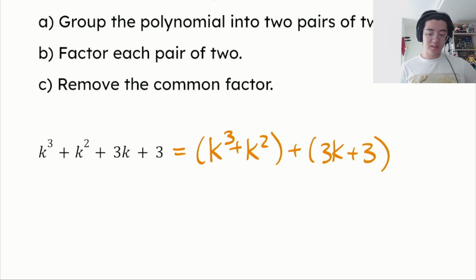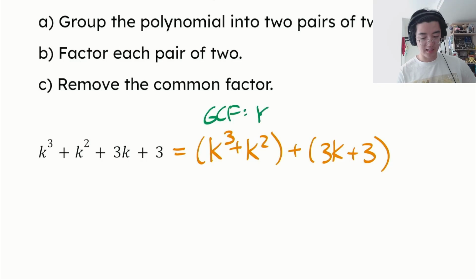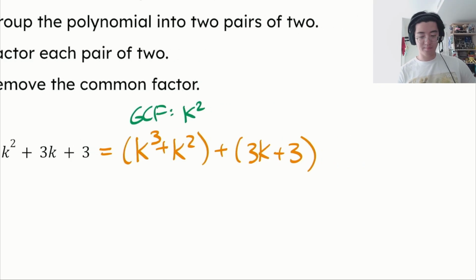Okay. So now let's work with clumps directly. Just within our first clump, we can see that both of those can be divided by k squared. And the clump back here can be divided by 3.